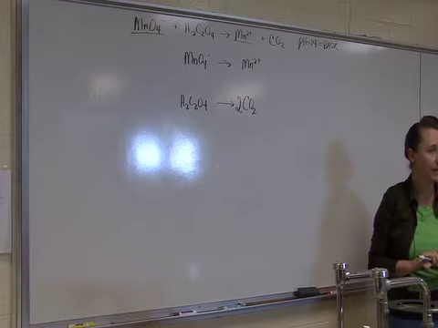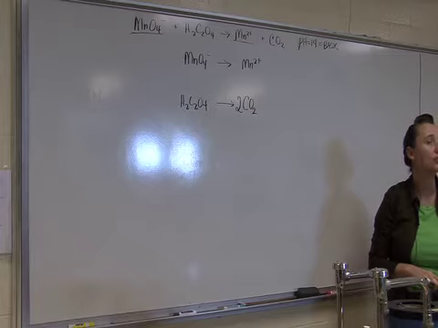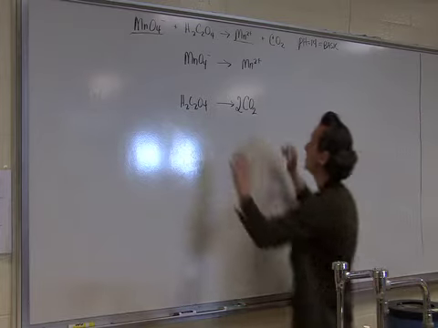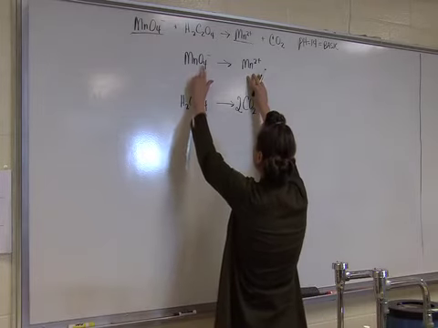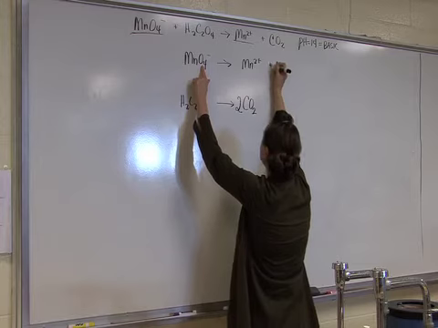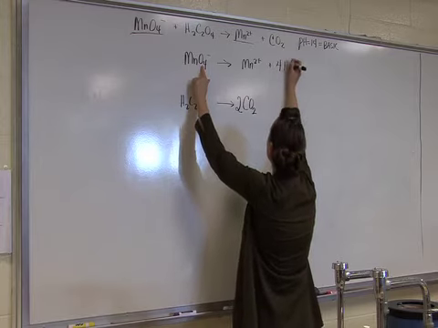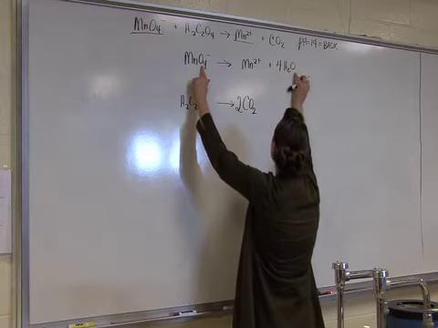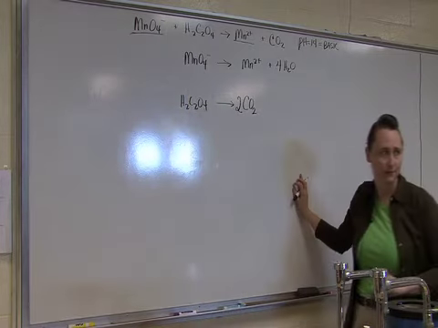And the next step is to balance the oxygen using water. So in the first half reaction, I have 4 oxygens and no oxygens over here. So I am going to add 4 waters to get 4 oxygens.